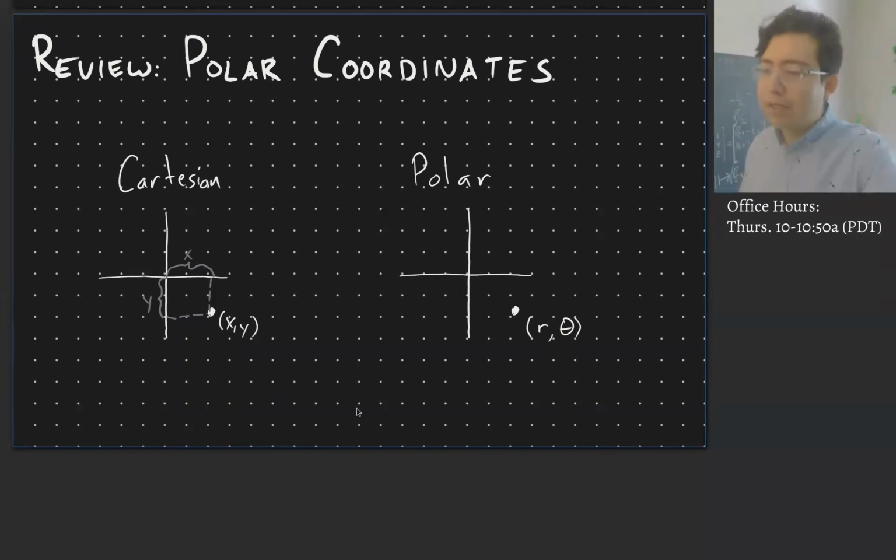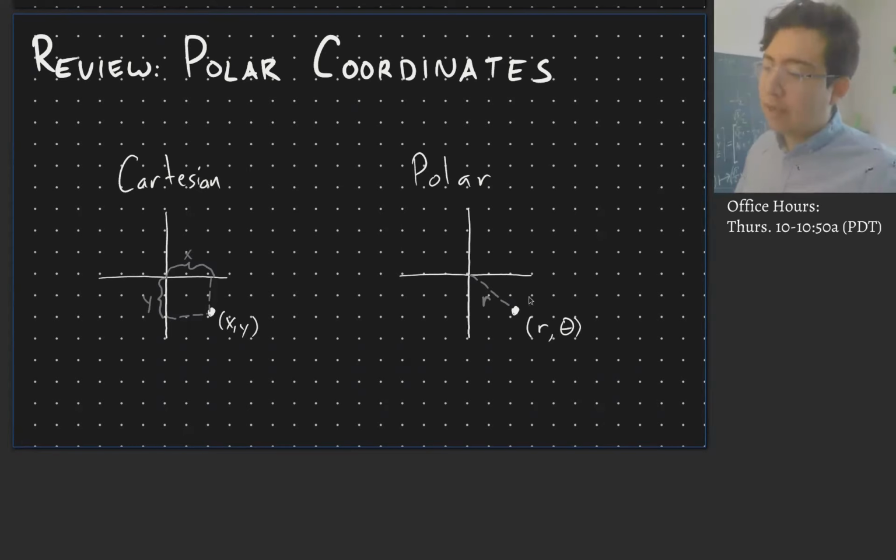In polar coordinates, you're still using two numbers, but where those numbers come from is a little different. In this case, we connect to this point with a line segment from the origin. That distance from the origin is r, okay?